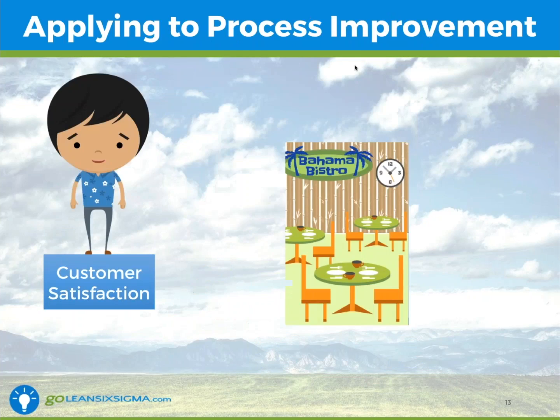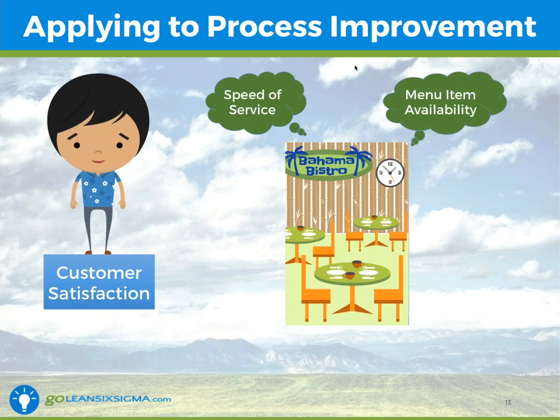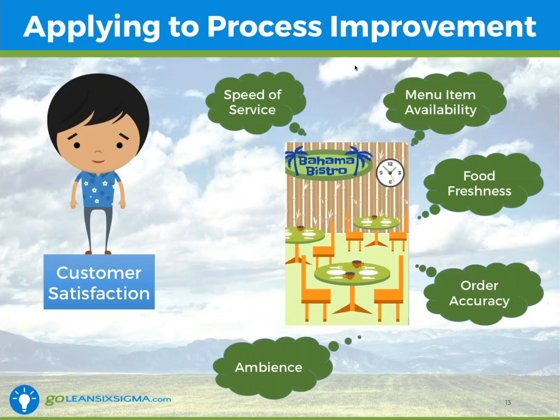So this example is coming to you from the Bahama Bistro, and we're measuring customer satisfaction, right? What drives customer satisfaction? And there's a lot of factors, right? The speed of service, the time it takes customers to serve you, menu item availability, food freshness, order accuracy, ambiance.